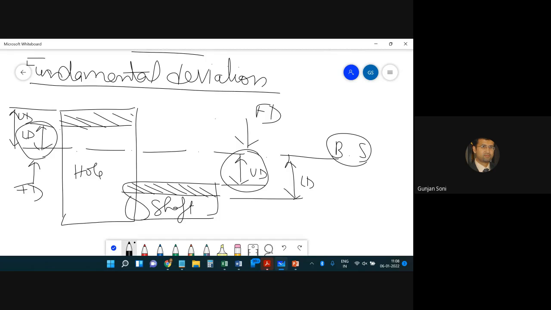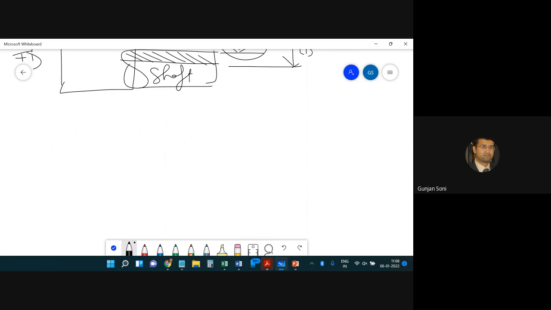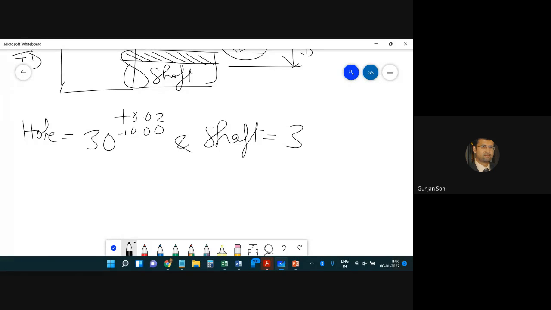Now let's do a small problem. There's a hole with the given dimensions, and a shaft.